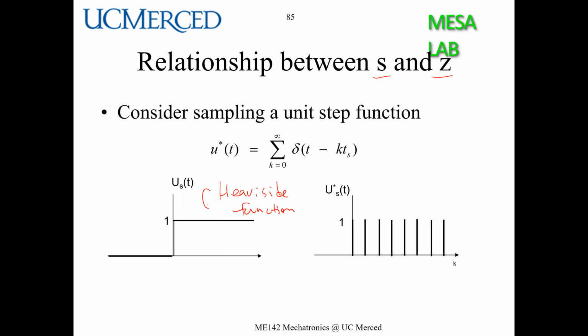After sampling, you get all these impulses, discrete points. And this bar, we should not draw it. It's not there. Just discrete points. So basically, you can write something like this.